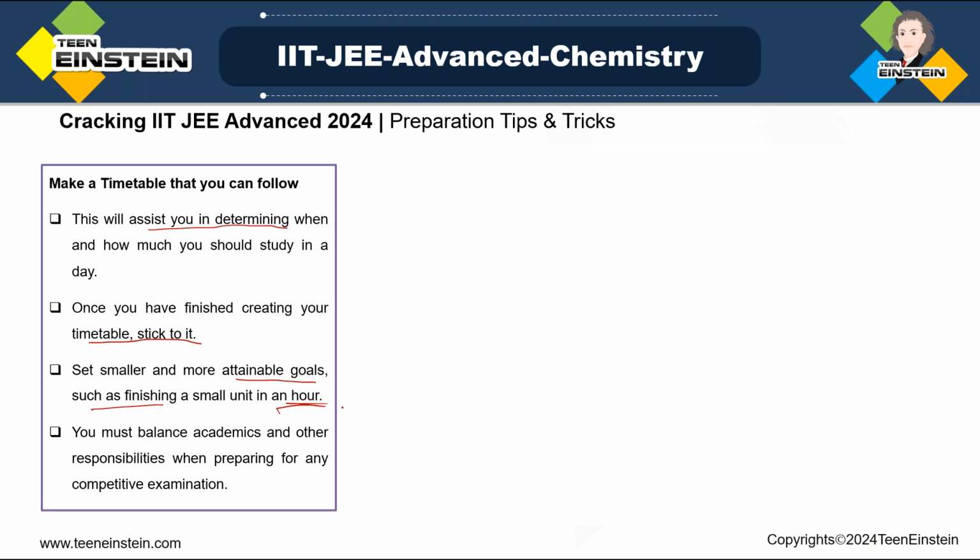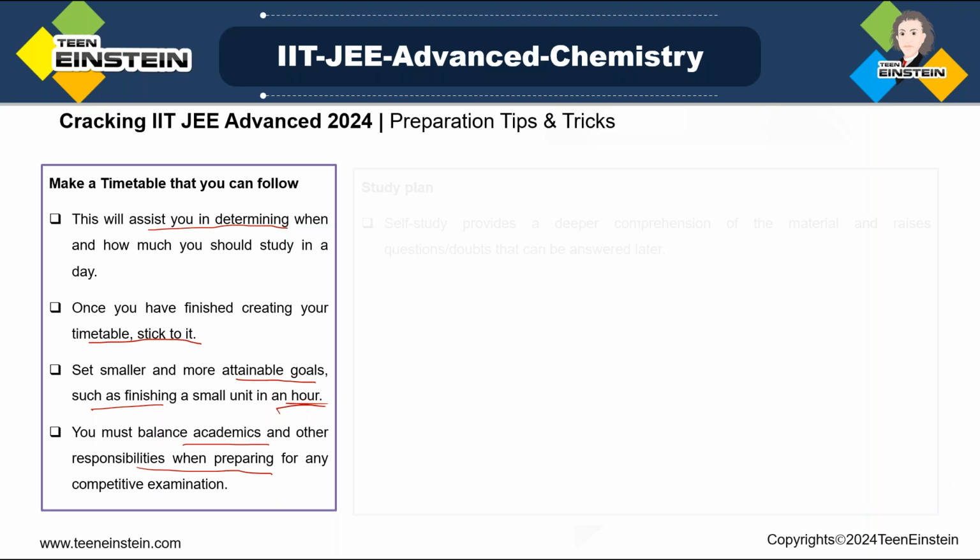You must balance academics and other responsibilities, and this is true for any competitive examination, not just this one. The timetable depends on your lifestyle. It is not that someone else is following a timetable so you have to follow the same. Whatever you are making, you should be comfortable with it, and it should be something you can actually follow.